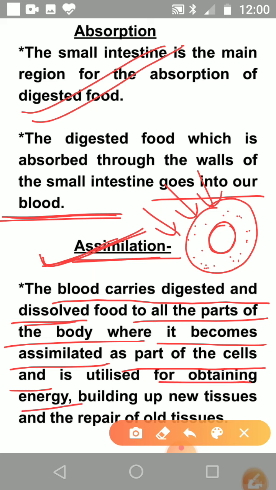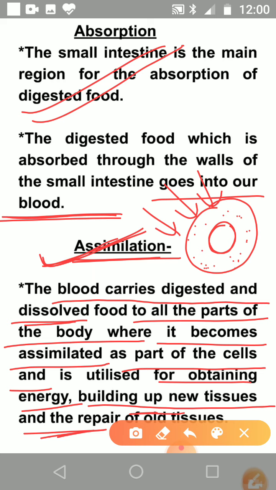So when food is transported through the blood into the cells, cells utilize that food. Even in the digestion process, the cells need energy. So when that food comes to the cells, they utilize it for what? For our energy, for growth, for development, for building up new tissues, and also for repairing old tissues. As we know, every day we lose some cells, and we also get new cells.